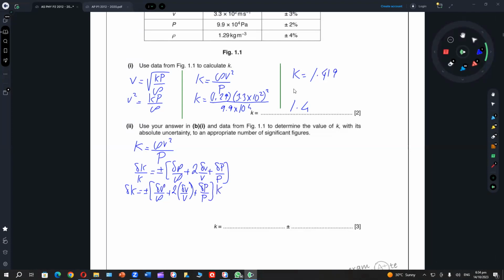Now look at this screen, this working. Copy the working and copy the values.